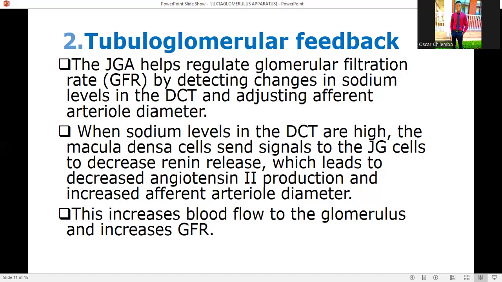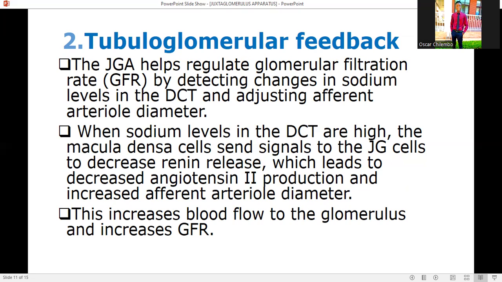the blood pressure can be increased. So when sodium levels in the distal convoluted tubule are high, the macula densa cells send a signal to the juxtaglomerular cells to decrease renin release. The juxtaglomerular cells decrease the renin release, while the macula densa cells just sense the levels of sodium.